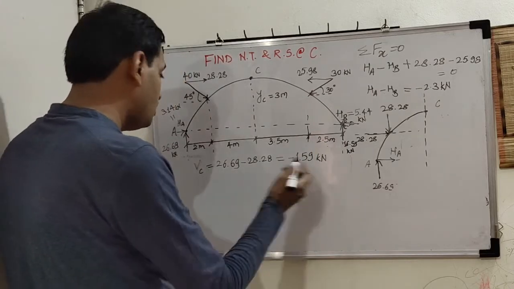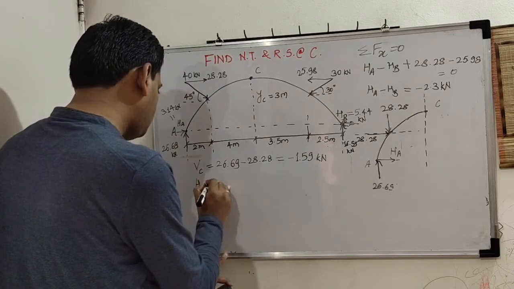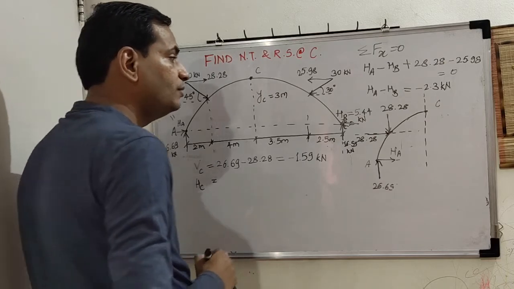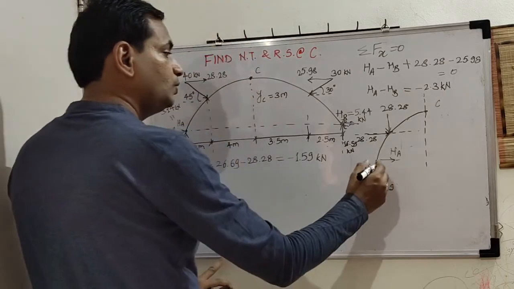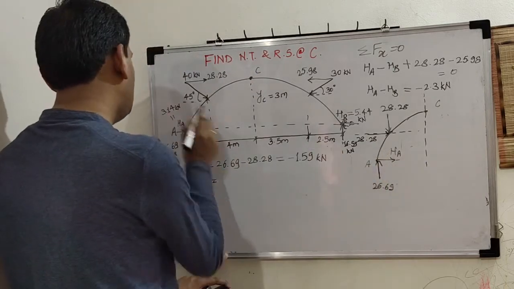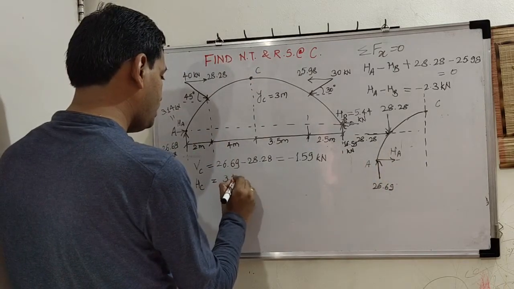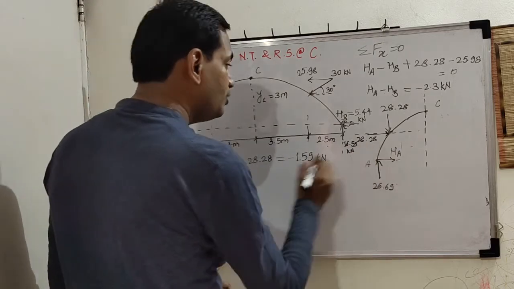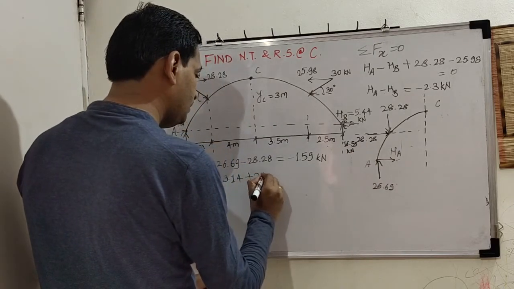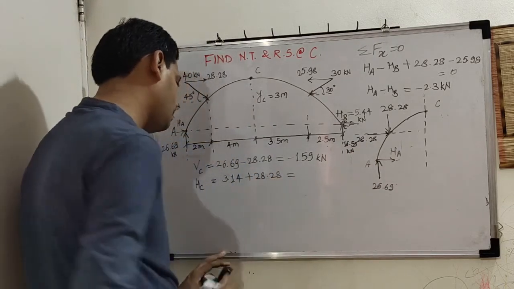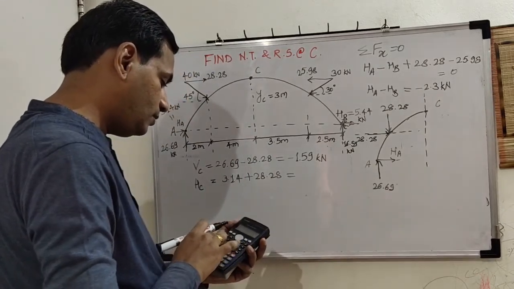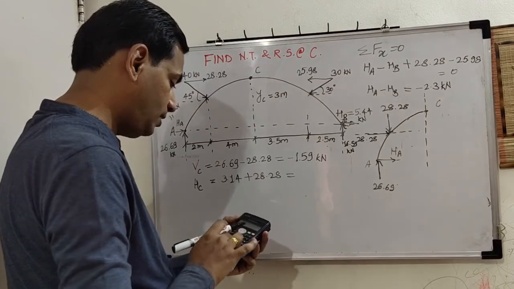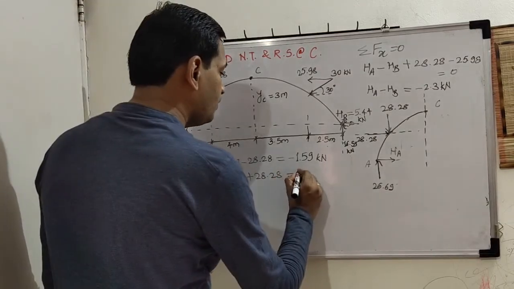Now HC. What is HC? Net horizontal force. HA is 3.14, it is on the right hand side, so positive. Another is 28.28. So 3.14 plus 28.28 is 31.42 kilonewton.